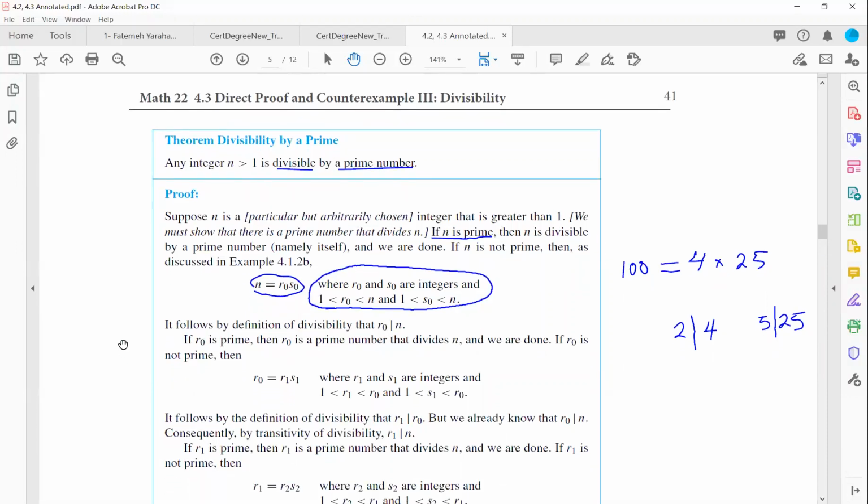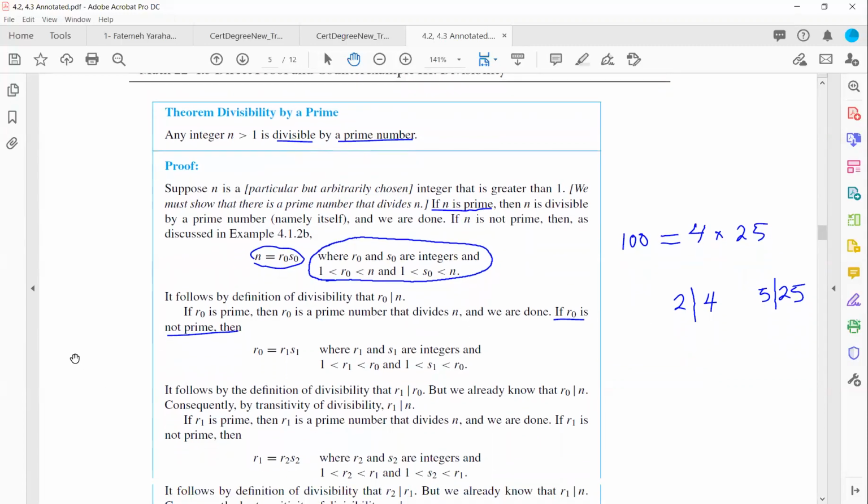Okay, perfect. So if r sub 0 is prime, we found a prime number dividing n. If s sub 0 is prime, it means that we found a prime number, which is a factor of n. We don't have anything else to prove, and we stop at this step. Suppose not. Suppose r sub 0 and s sub 0 are not prime numbers.